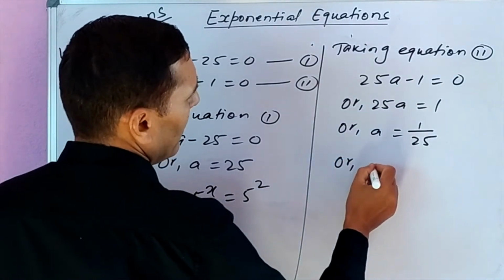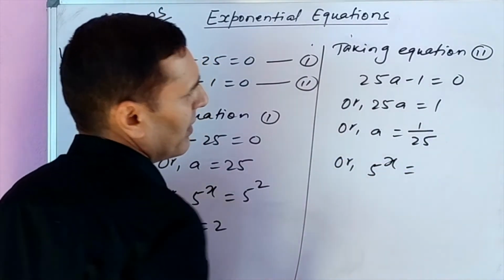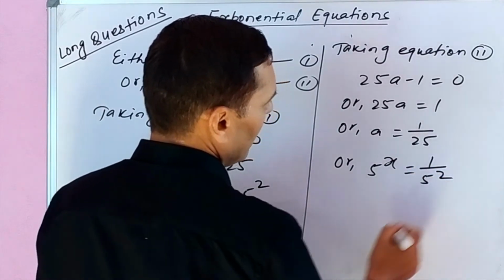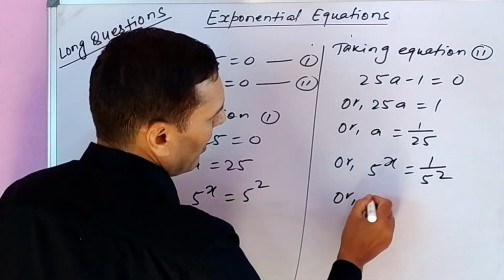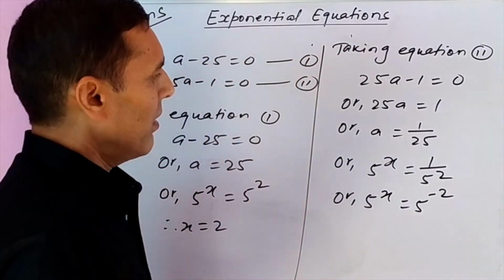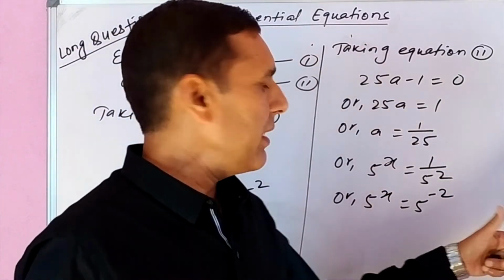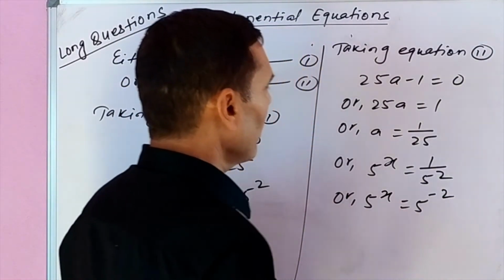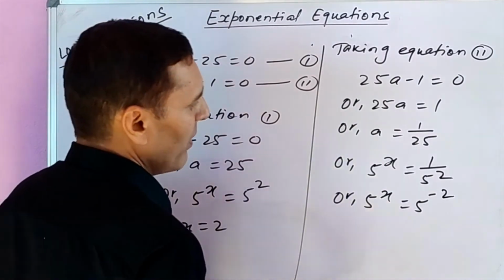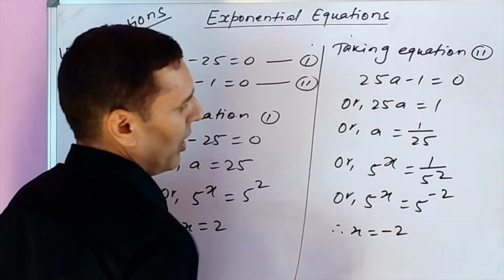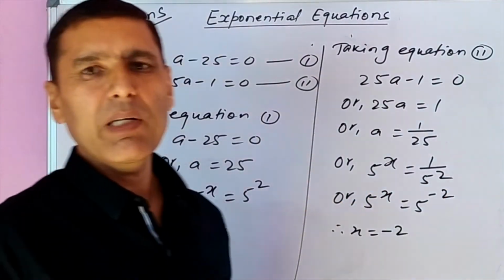We know that a is 5 to the power x, and this 25 can be written as 5 square, so 1 upon 5 square. When it is brought up, it is 5 to the power minus 2, because we know that 1 upon 5 square, when it is brought up, is 5 to the power minus 2. Now we have the same base 5 on both sides. Therefore, x is equal to minus 2. After having the same base, the powers can be equated.